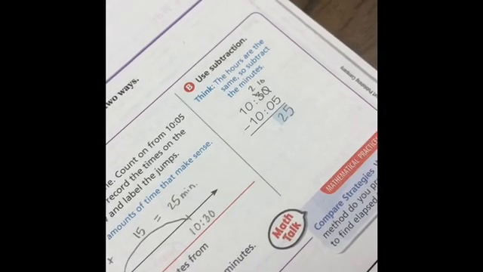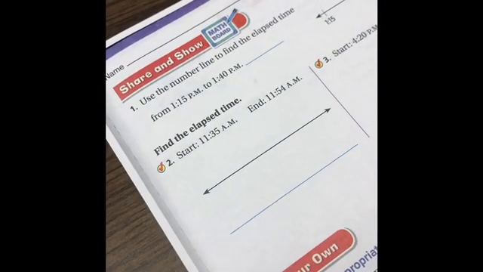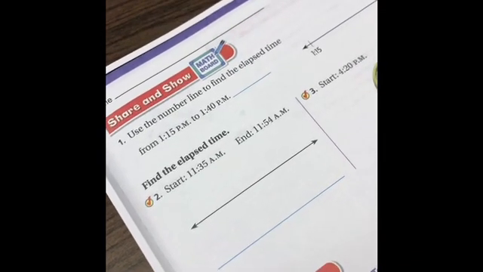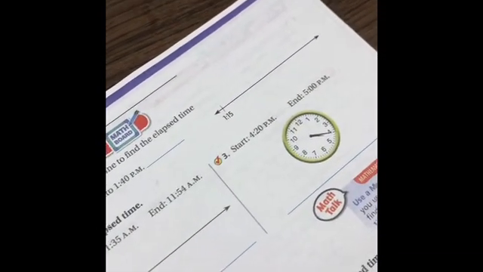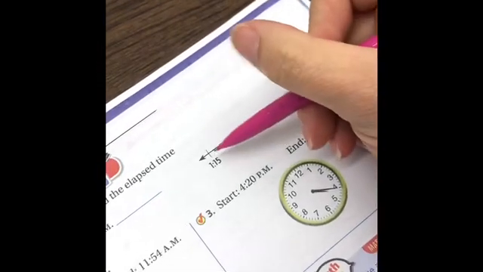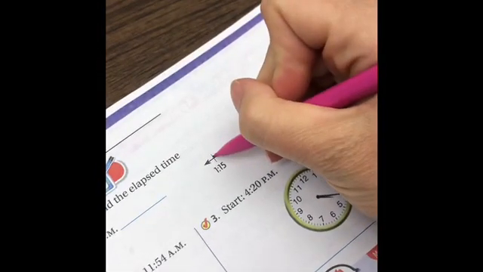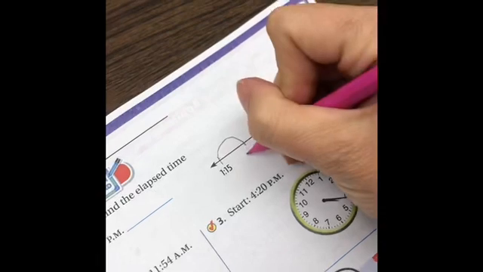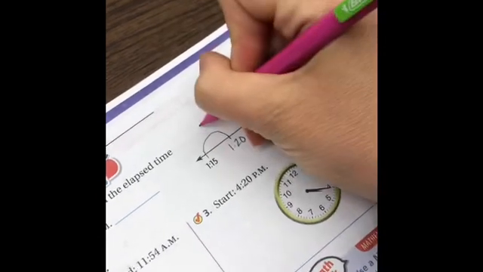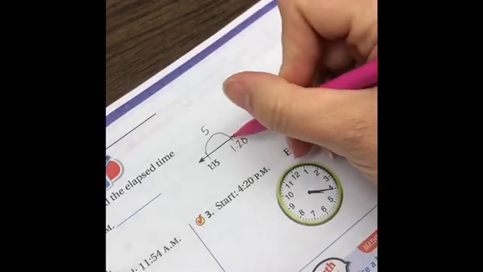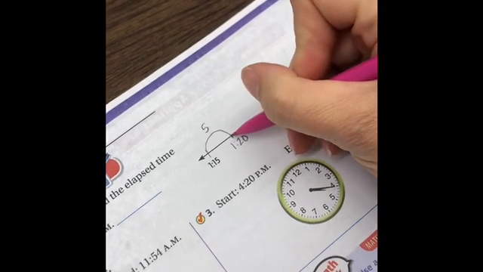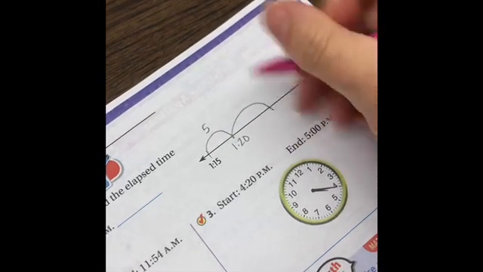which still brings us to 25 minutes. All right, the Sharon Show says to use the number line to find the elapsed time from 1:15 to 1:40 p.m. So they give us 1:15. I'm going to start by jumping by 5 so that it brings us to 1:20. I'm just going to put 5 up top. And then I want to get all the way to 1:40. So then I'm going to go to 1:30.